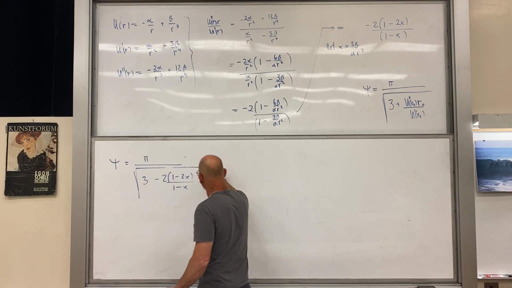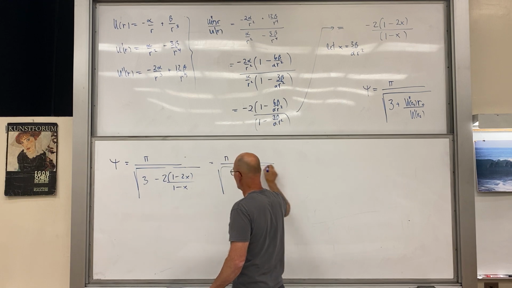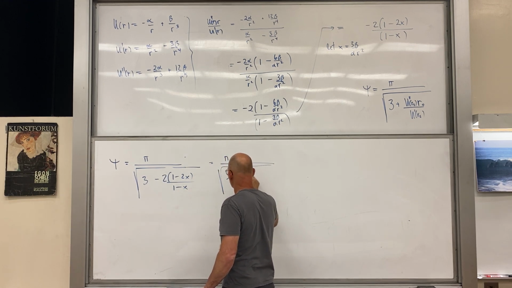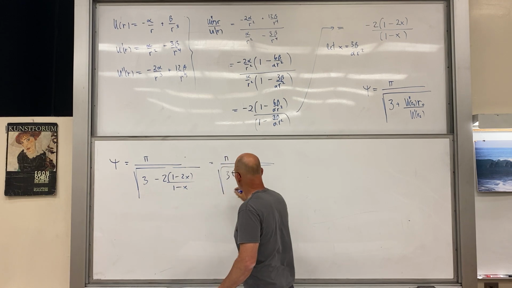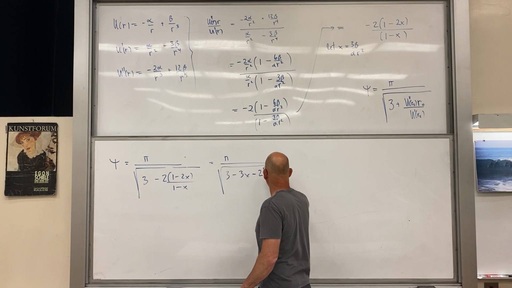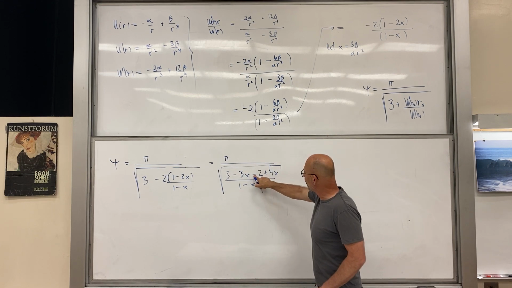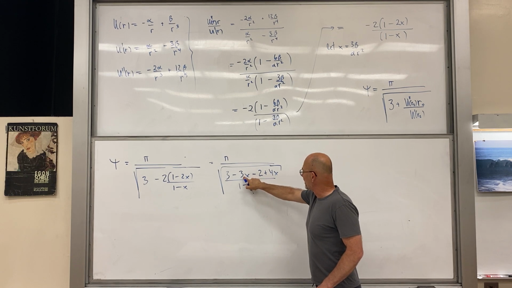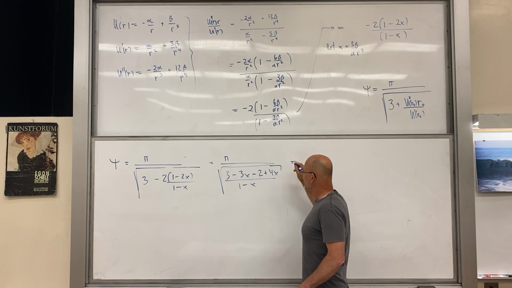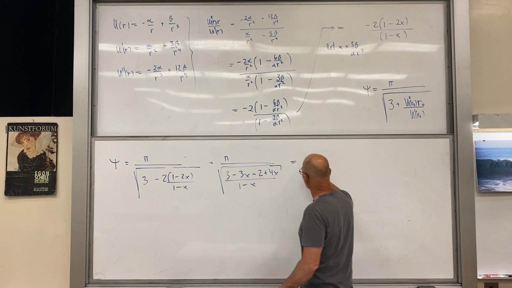And we're going to simplify this some more. Pi times the square root of 3 minus 3x, getting a common denominator, minus 2 plus 4x, divided by 1 minus x. 3 minus 2 is 1, and minus 3x plus 4x is x, so 1 plus x over 1 minus x.